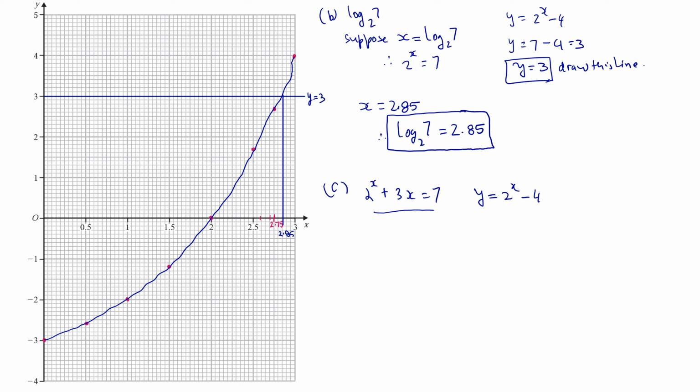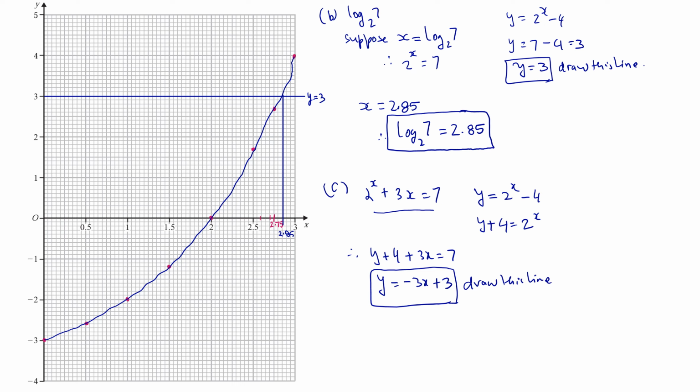So 2 to the power x is y plus 4. Therefore y plus 4 plus 3x is equal to 7, so y equals minus 3x plus 3. Hence this is the equation, and we need to draw this line to find the solution.